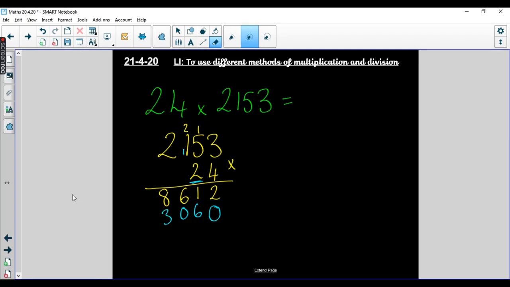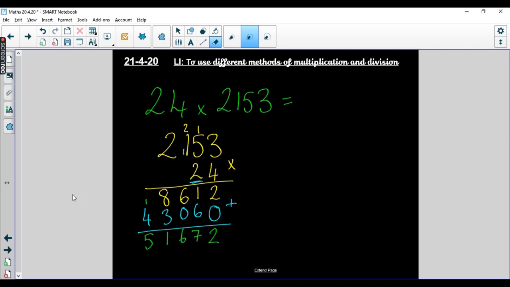And then 2 times 2 is indeed 4. Then my final step, I need to add them together. Add them all for my final step, and that will give you an answer of 51,672. So that is one method that you could use.